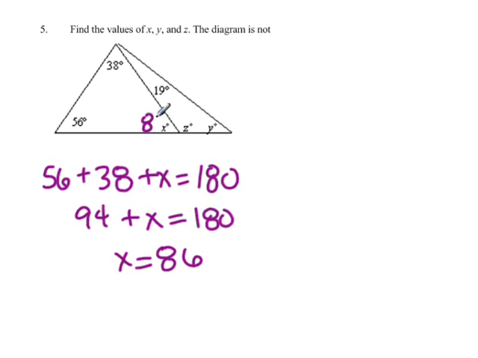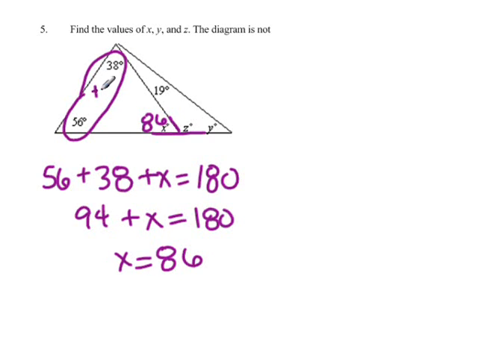Let's plug that in there so we can see. Now, just because we have x, y, and z doesn't mean we have to solve it in that order. Notice that x and z form a line. They're a linear pair. Also, if we recall that an exterior angle of a triangle equals the sum of the 2 remote interior angles.